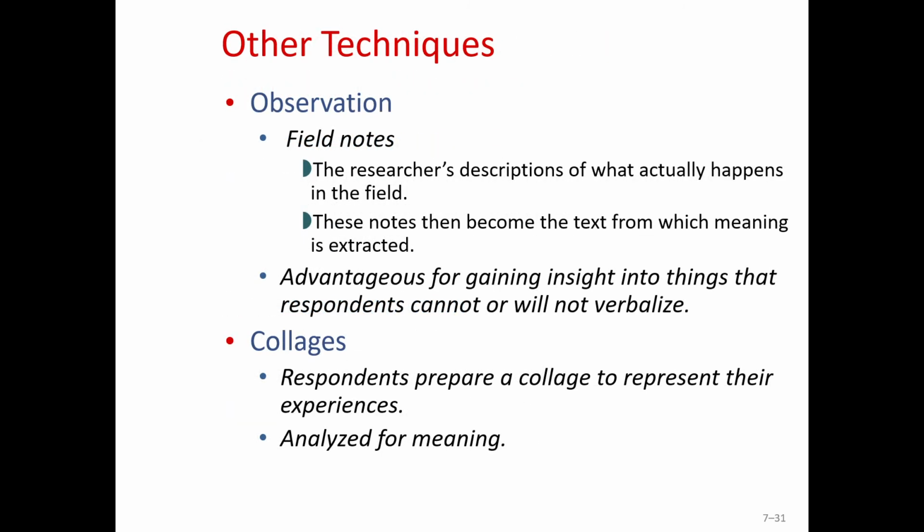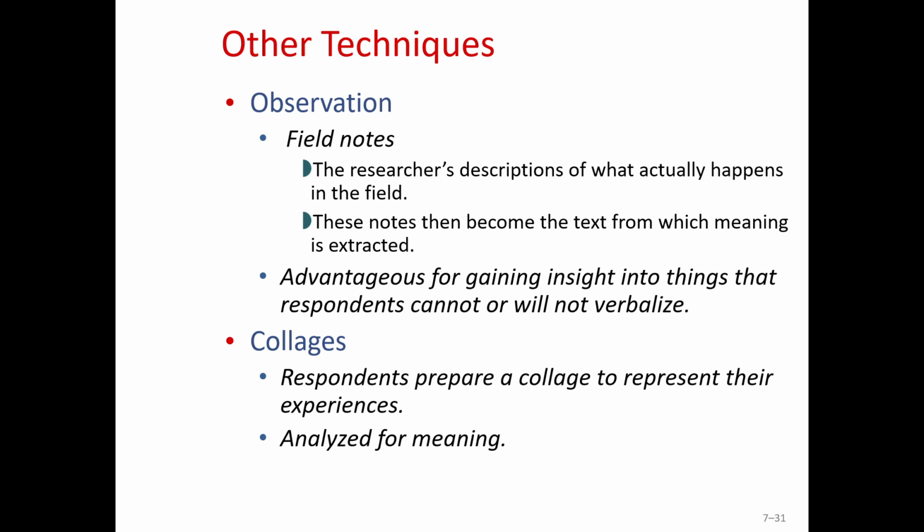Other techniques. Observation can be a very important qualitative tool, and the participant observer approach typifies how observation can be used to explore various issues. Meaning is extracted from field notes. Field notes are the researcher's description of what actually happens in the field, and these notes then become the text from which meaning is extracted. Observation may as well take place in visual form.